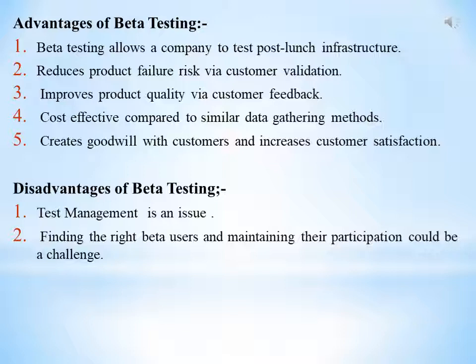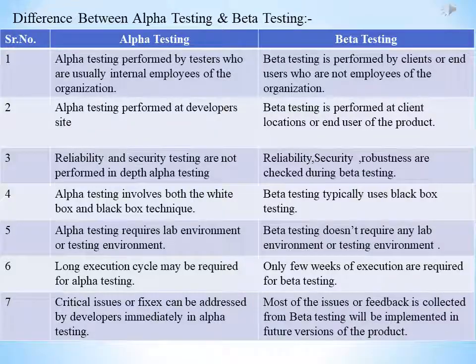We have discussed about the beta testing and alpha testing. Alpha testing involves white and black box testing also. Now the differences between alpha testing and beta testing. Difference 1.